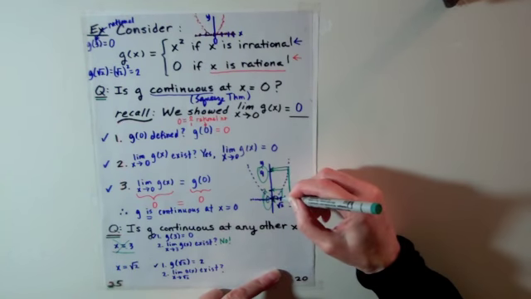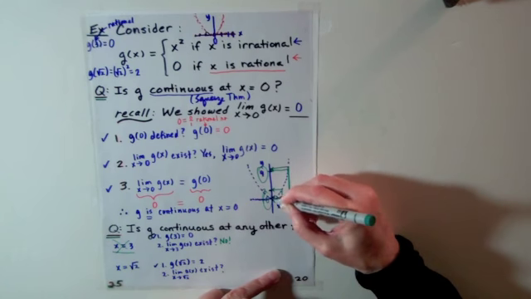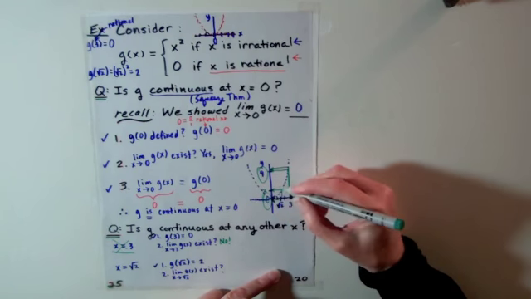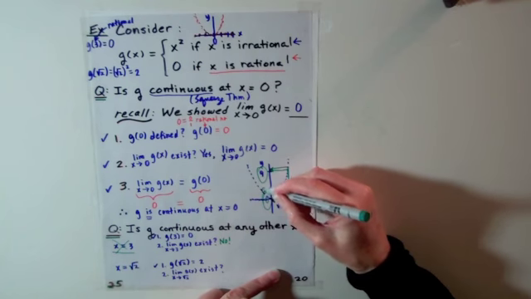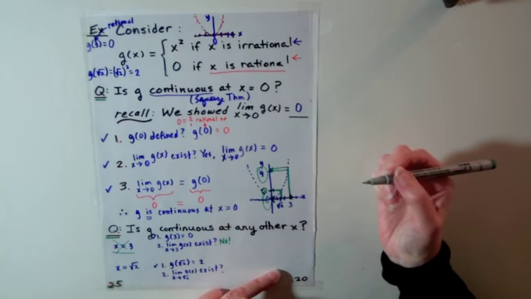If I get even closer to root 2, I can always find another rational number that is closer to root 2 still, and that would give me 0 as an output. But then there's another irrational number even closer to root 2 that would give me an output that is closing in on the number 2 on the y-axis.